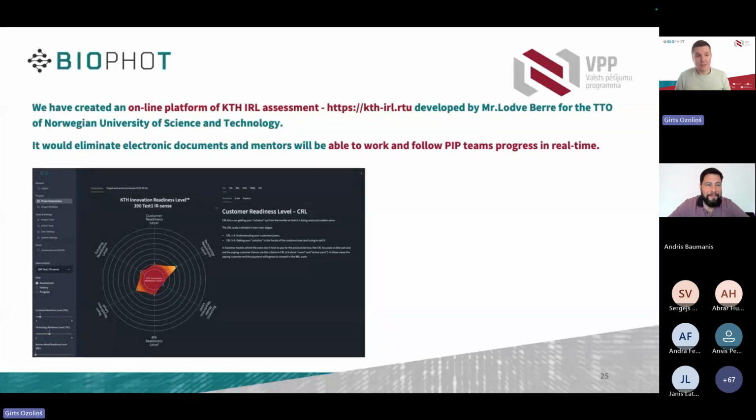But it also comes with some issues, because I wanted to show you how this platform works, but unfortunately today we decided to implement some updates and the platform crashed. So I'm not able to show it, but I will show you screenshots of how to do it. But don't worry, because mentors in individual meetings will show you the platform.